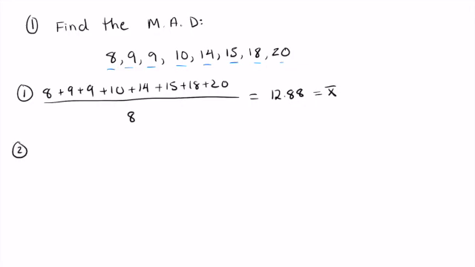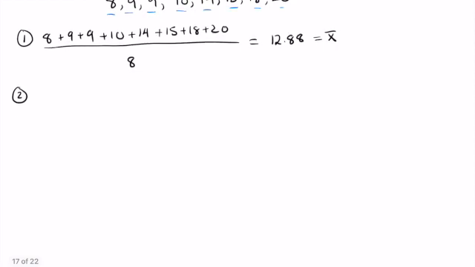Step 2, and this is where it gets a little bit tedious, and it can take a little while. But that's not a big deal. What I want to do is subtract the mean from each term.